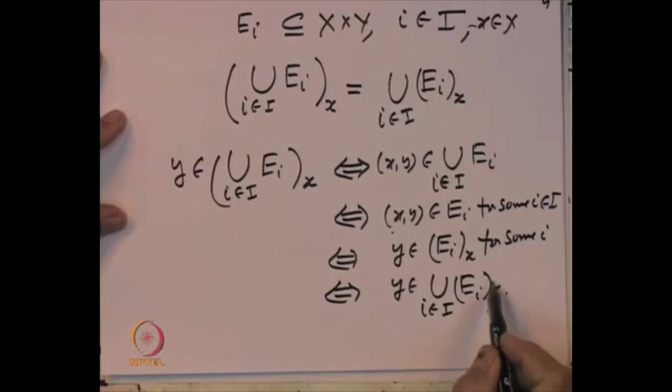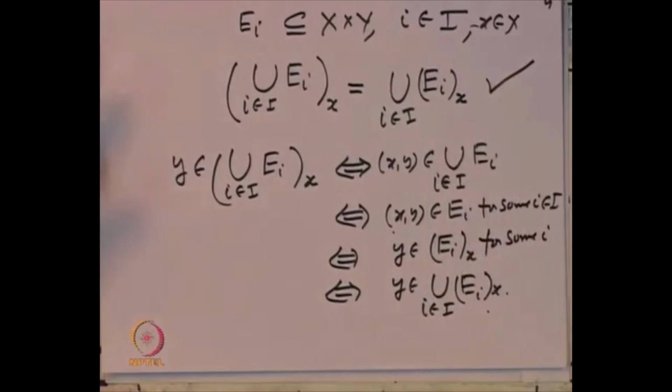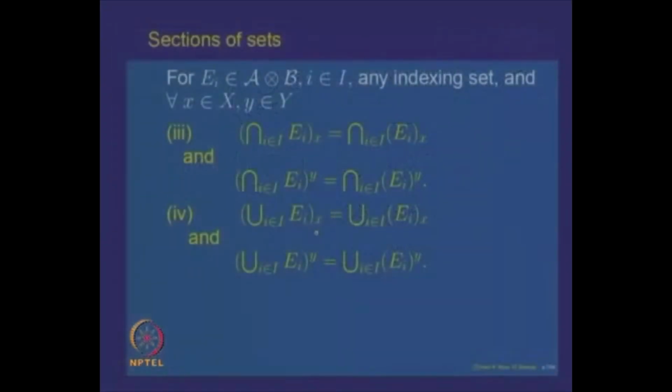So, that proves that this property is true, namely the section of the unions is the union of the sections at a point x in X, and a similar property holds at a point y in Y. So, basically what we are saying is all the set theoretic operations behave nicely with respect to taking sections, and this is true for all subsets E i's of X cross Y.